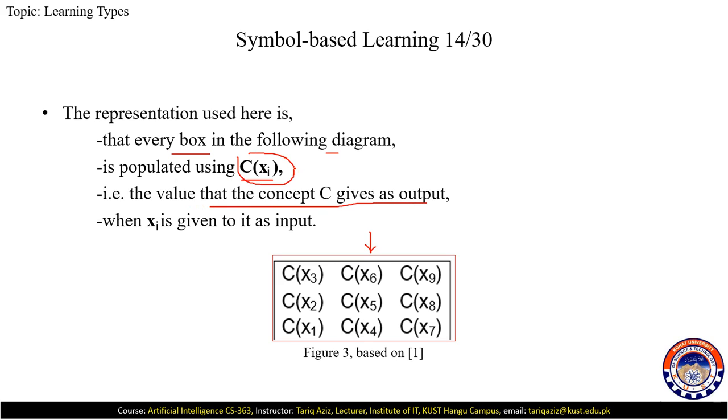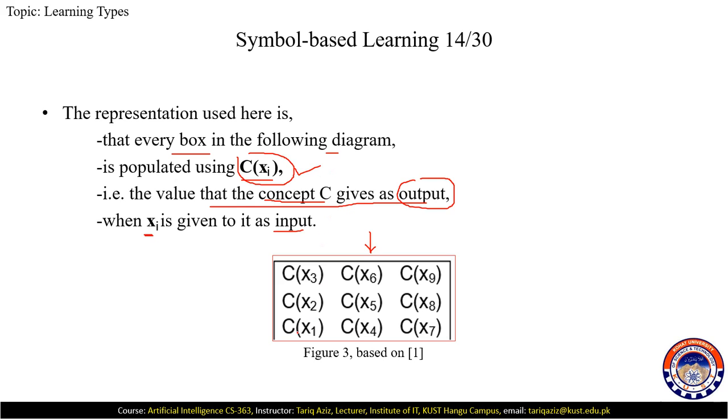But what is the x_i? It is basically the input. So you have to provide this input x_i, and then C(x_i) is basically the output which the concept C will give us. Okay.